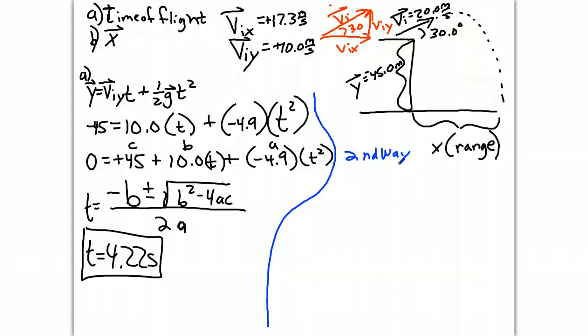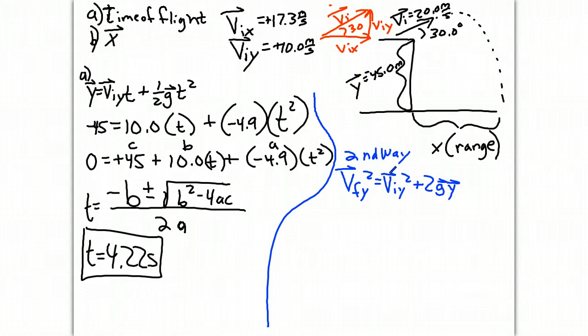Instead of explaining everything ahead of time, we're just going to work through it. First, we're going to find the final velocity in the y direction. I know the initial velocity, and I also know the y value. So if I use VFY squared equals VIY squared plus 2GY, I'll be able to solve for the final velocity.